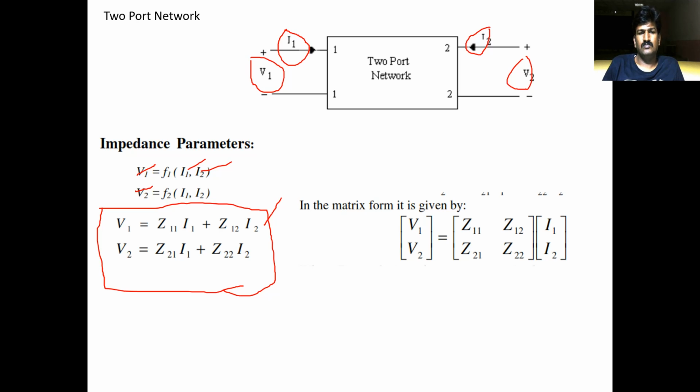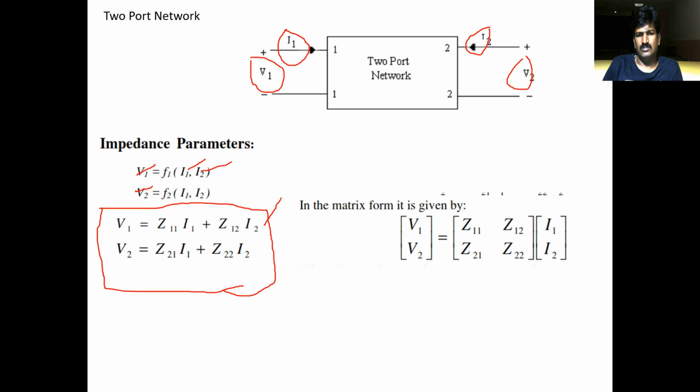Z21 is V2 divided by I1 when the input circuit is short circuited. Z22 is V2 divided by I2 when the input circuit is open. There you should understand V1 depends on I1, I2, and V2 depends on I1, I2.